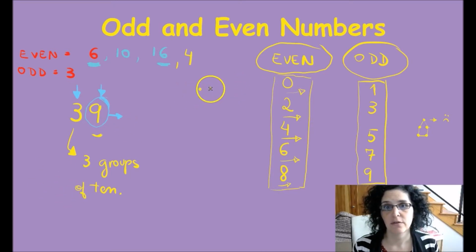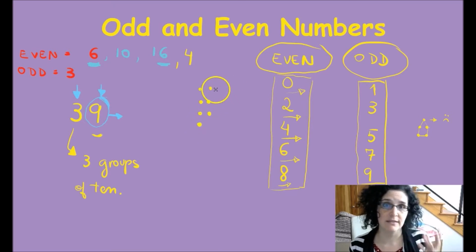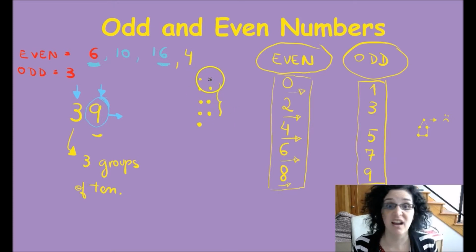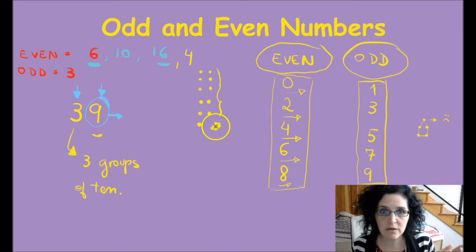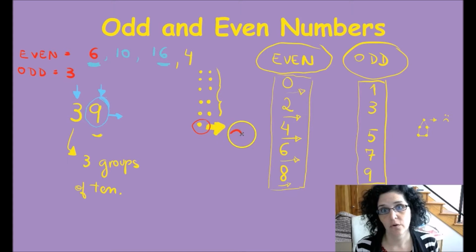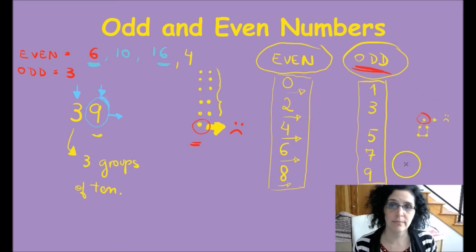Just like for you to figure out if 7 or 9 is even or odd, it doesn't matter how many little pairs of dots are before it. You could have 400 pairs of dots, but if you have one little odd guy, that will make that whole number an odd number. You just need one little odd guy to make the number odd.